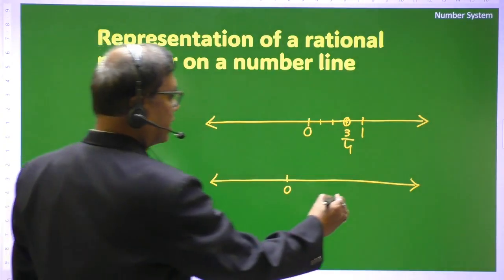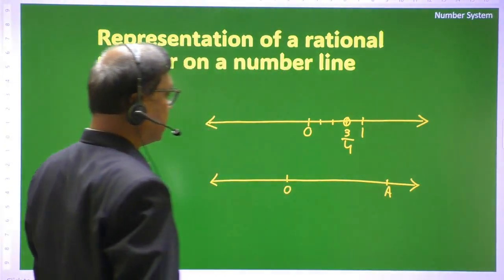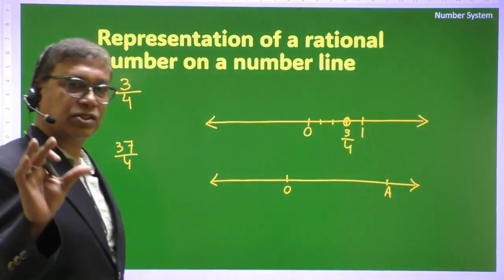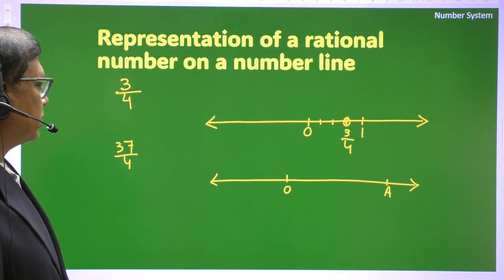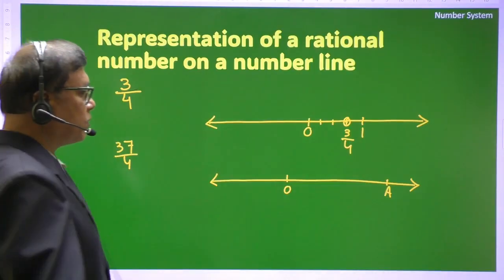So if I mark a point on this line, and from origin to this point total length is 37, and we have to mark 37 by 4, that is 1/4 of 37.